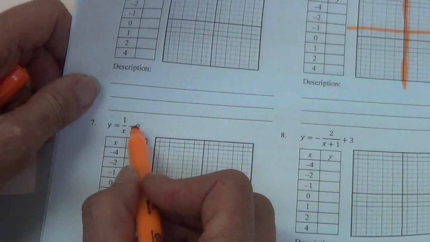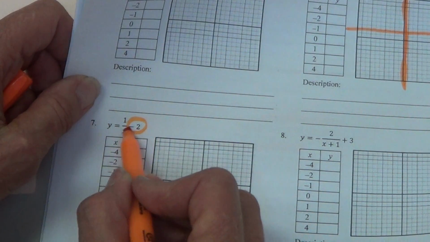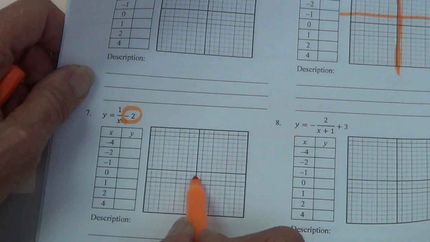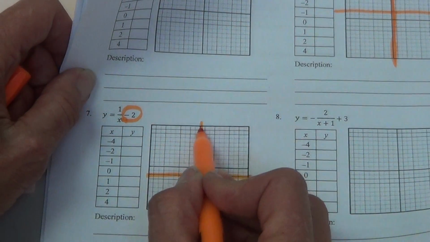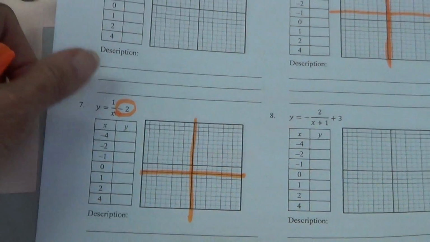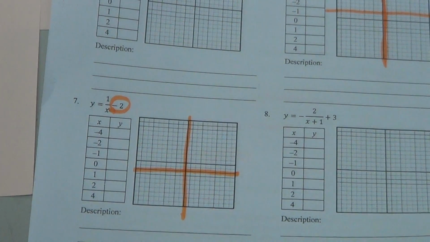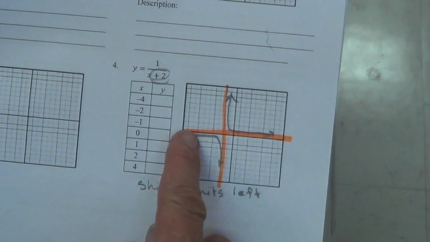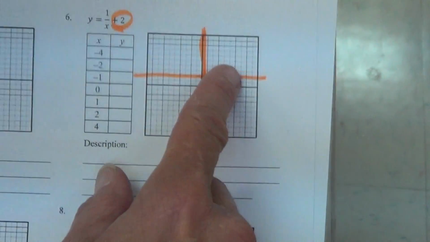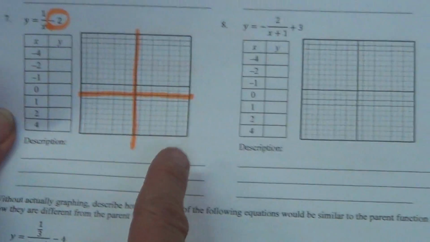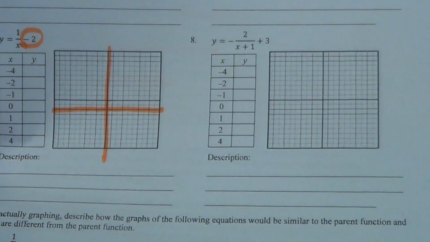So on this one, your asymptote will go down 2. So you take that horizontal and shift it down 2. Keep the vertical one right through the 0, 0. Okay? Now, just like you did in number 4, you'll just go ahead and move the graph as well to fit the asymptotes. But I really think it's easiest to look at the asymptotes as you shift. It just makes it easier for graphing those.